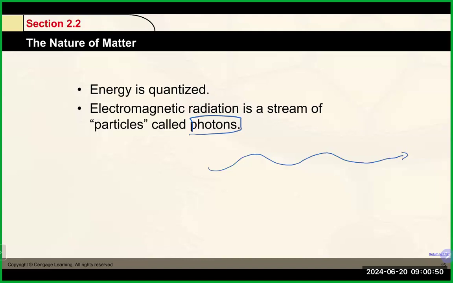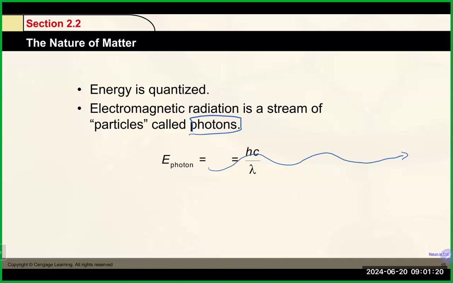The idea is that particles can have wave functions and waves can have particle-like functions. As we'll discuss further down the road, electrons, which are particles, can behave as waves. But this energy that we give off is referred to as a photon of light. It will have a specific wavelength that corresponds to somewhere in the electromagnetic spectrum.